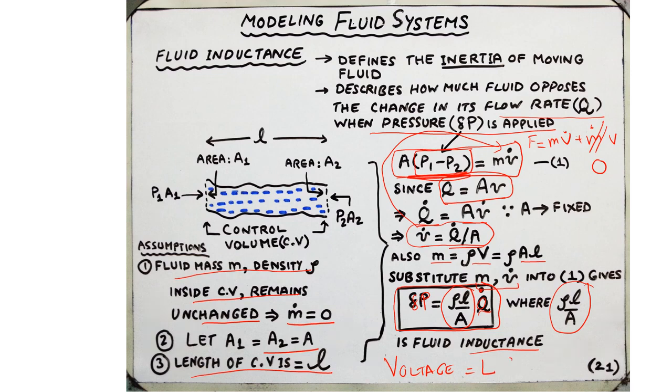So L times the rate of change of current. So again, flow rate is going to map to the current. So current is very similar to the flow rate. It's just that it's a flow of charges, not the fluid. And the pressure or pressure difference maps to the voltage. So that concludes our description of fluid inductance.